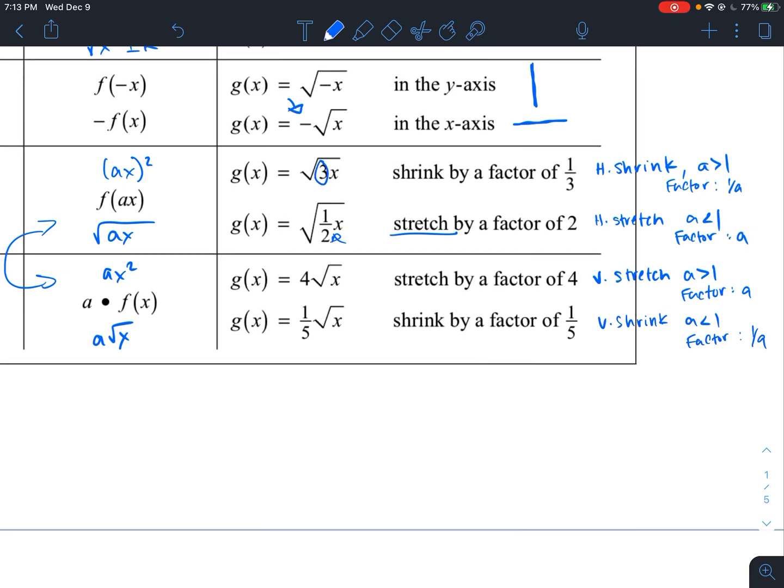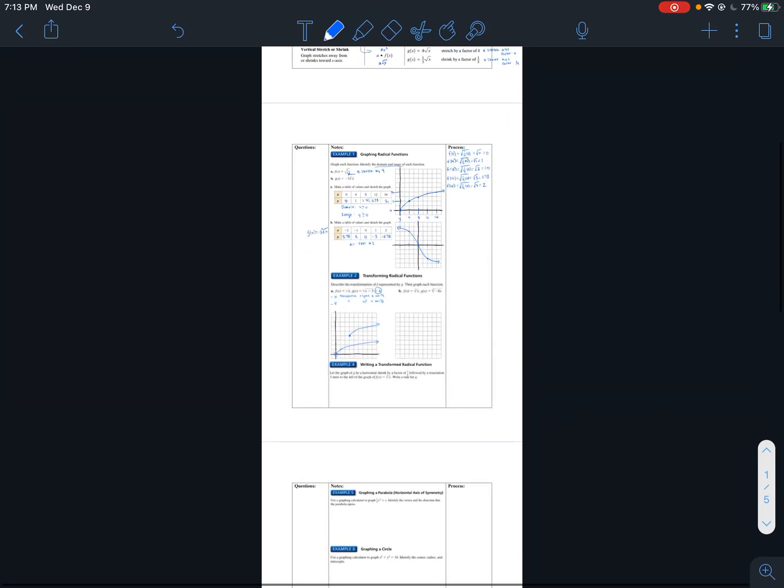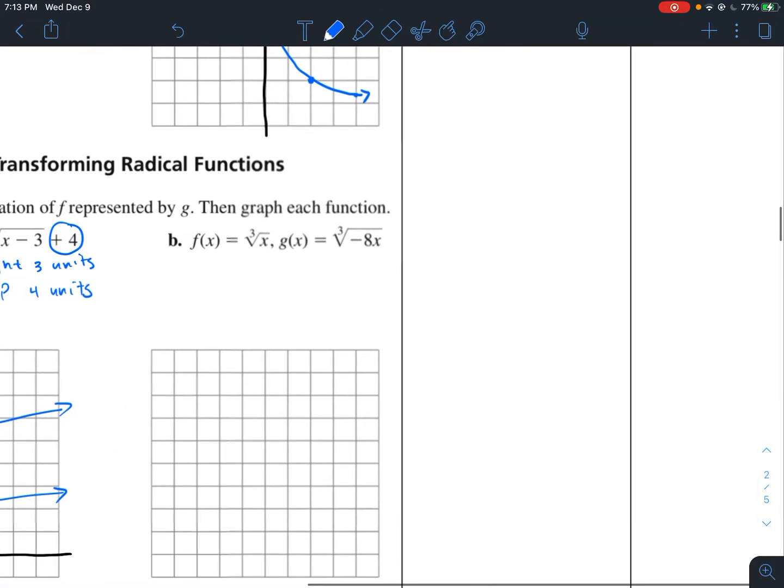And the value here is greater than 1, so that means this is going to be a shrink by a factor of the reciprocal. So that's going to be a horizontal shrink by 1/8.